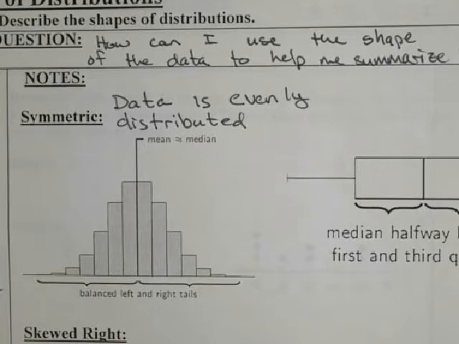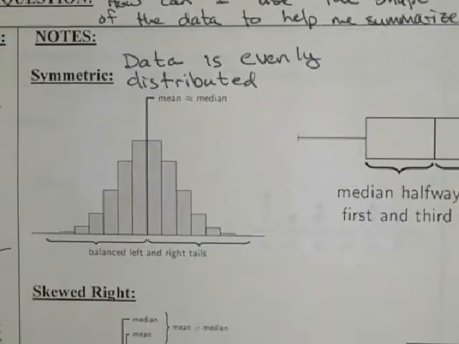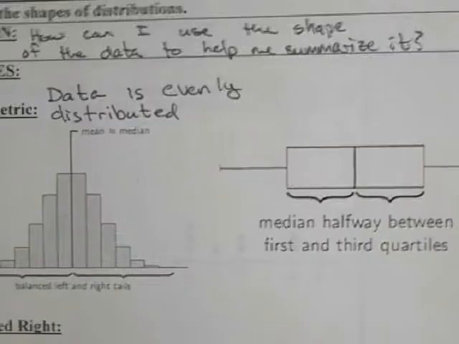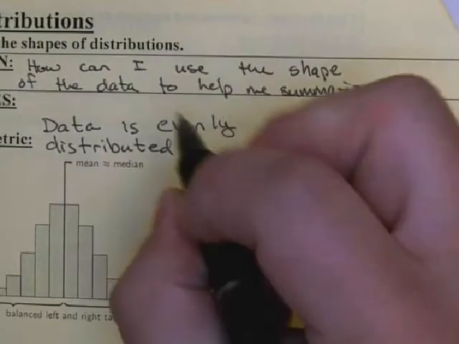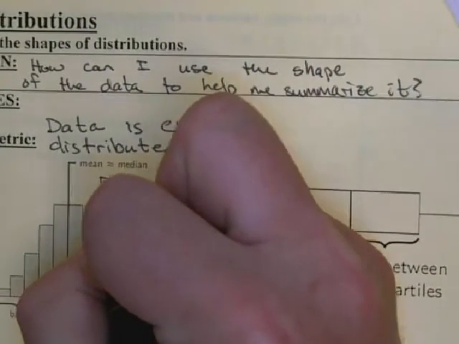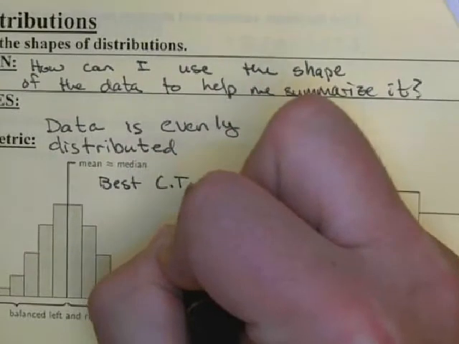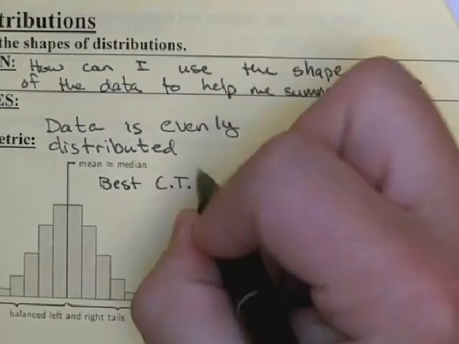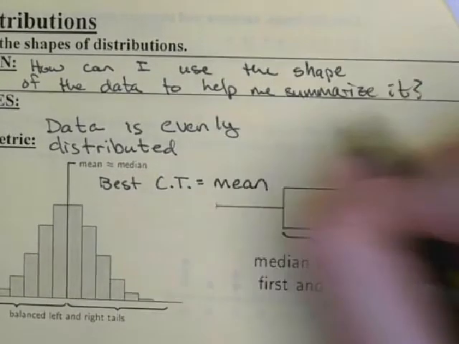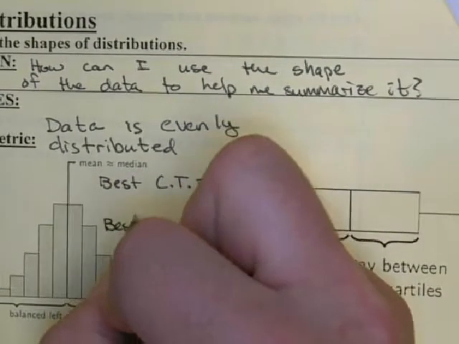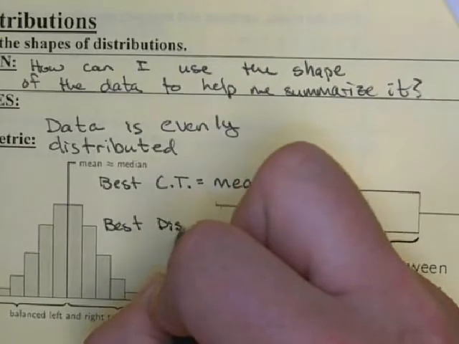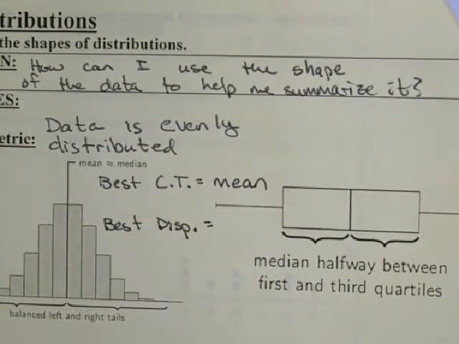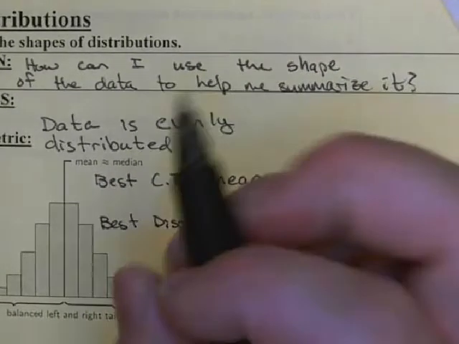Our best central tendency will be the mean, and our best dispersion, I'm abbreviating, is the standard deviation.